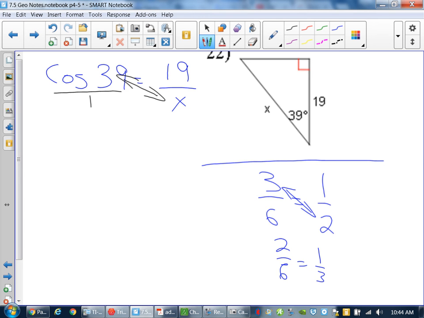So if I ever have a variable in the denominator, all I have to do is this. Exchange-o, change-o. Every time. Every time. This is your second case.